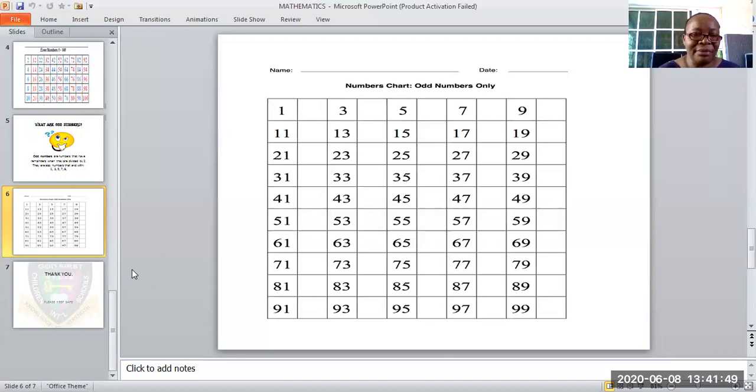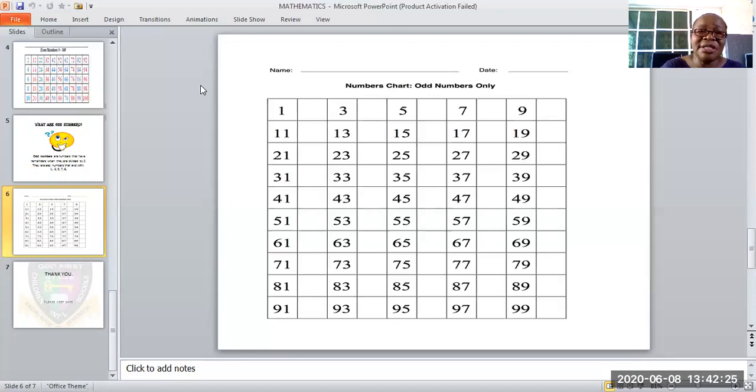Beautiful. Let me summarize what we have learned so far. We have odd numbers and we have even numbers. Even numbers end with 0, 2, 4, 6, and 8. These numbers can be divided by 2 without a remainder.